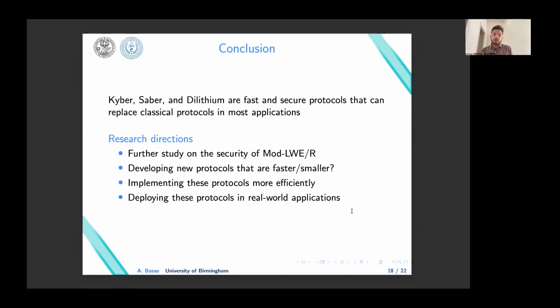Then more on the applied side, we also have research questions involving how, now that we have the protocol, how do we actually implement this in software and hardware on a wide variety of platforms, and how do we make this actually run efficiently and as fast as possible?